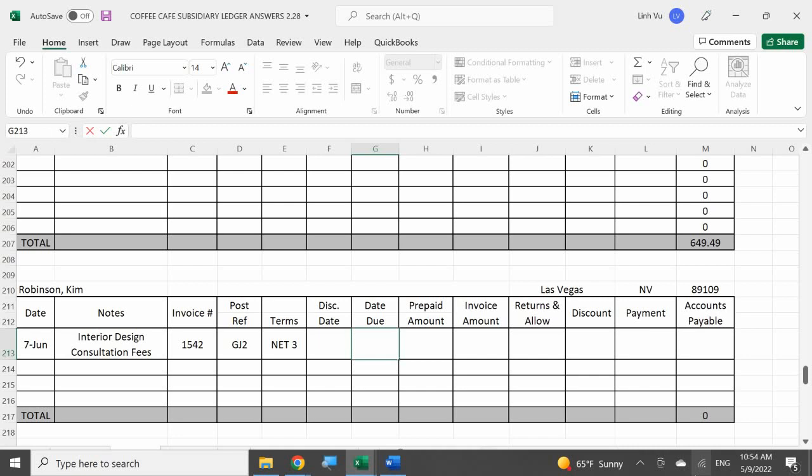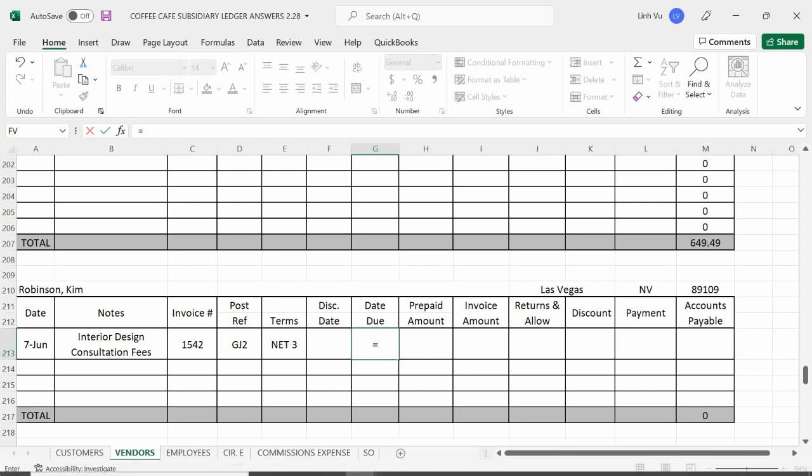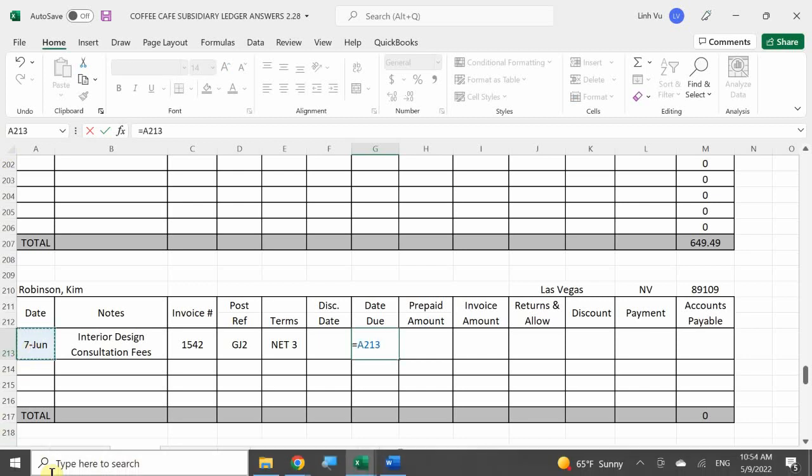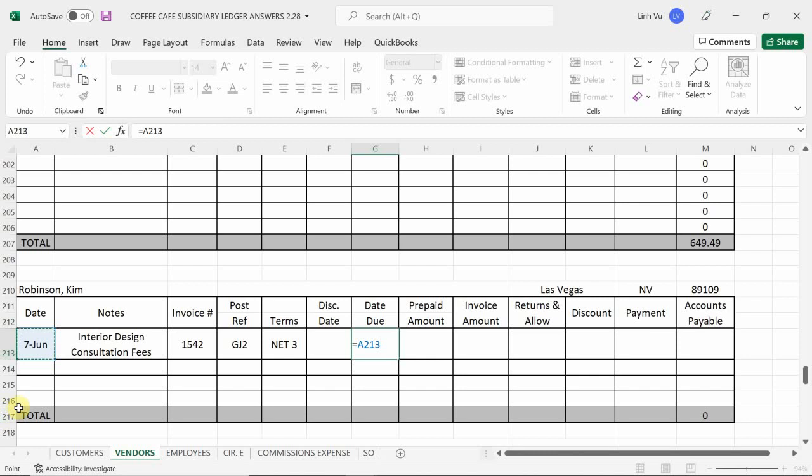Easy. All you need to do is start your formula. You select the date, in this case June 7, and simply add 3 days. That tells Excel to add 3 to the June 7th date, and that gives you a date of June 10.